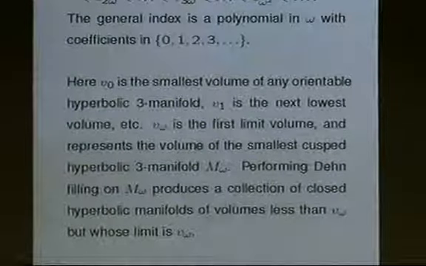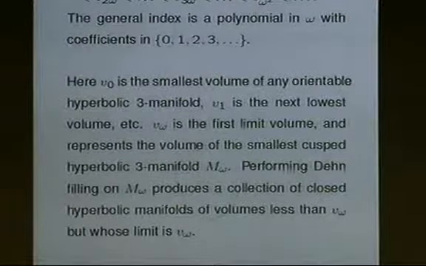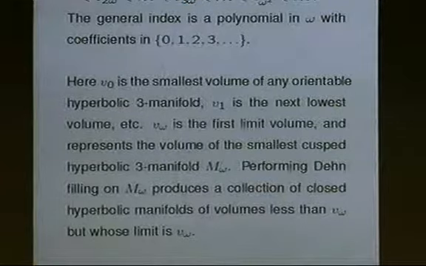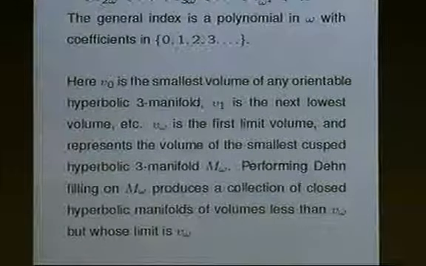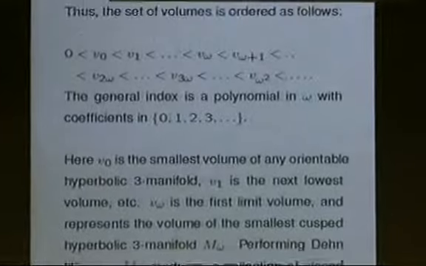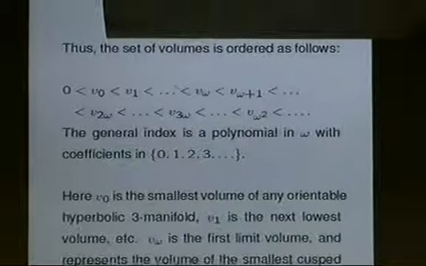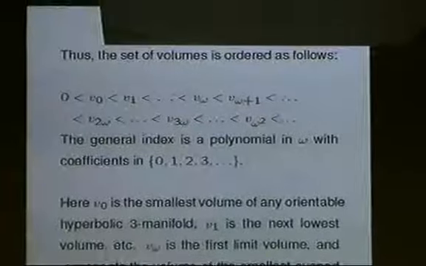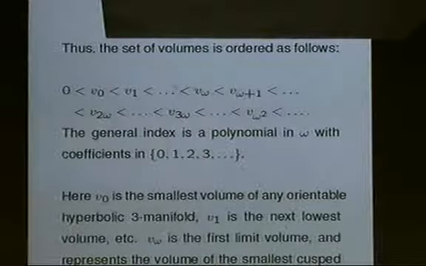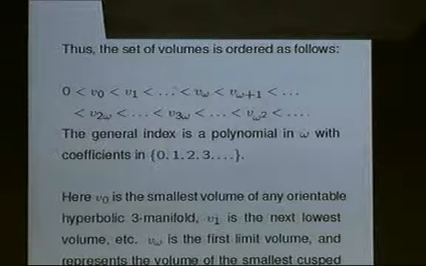So you can arrange the set of volumes as follows. First of all, there's some smallest volume, V0, which is a positive number. Then you get some next volume, V1, next volume, V2. I probably should have had less than or equal to here, so some of these might actually coincide.